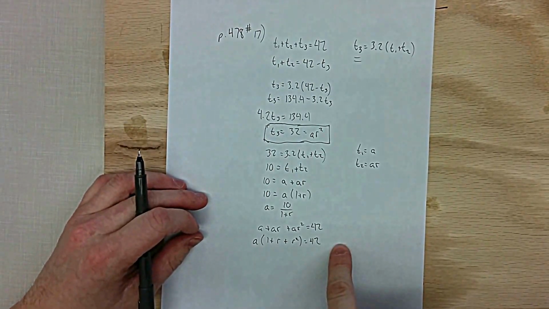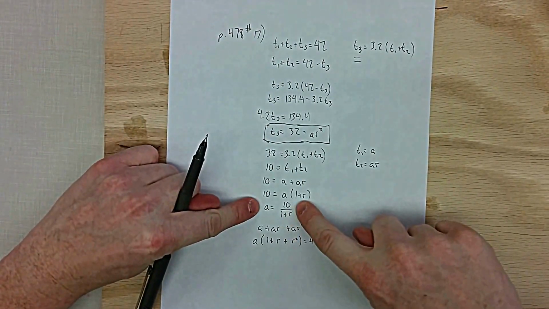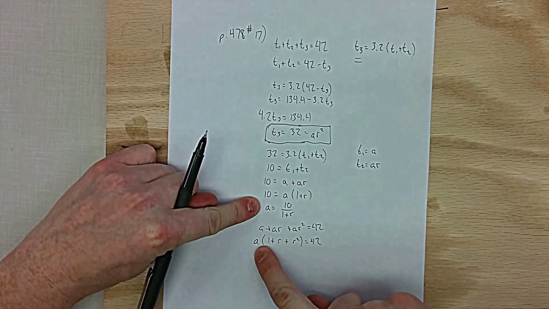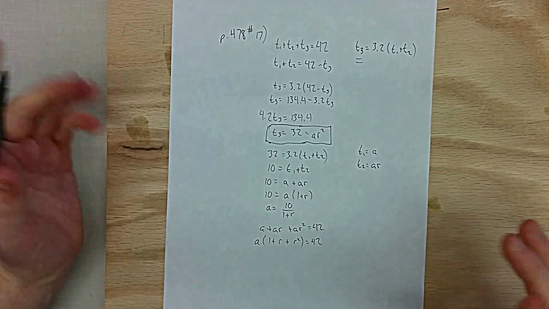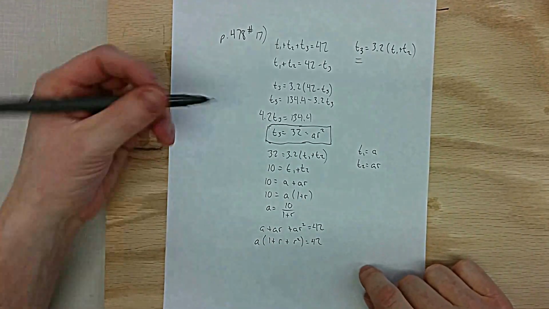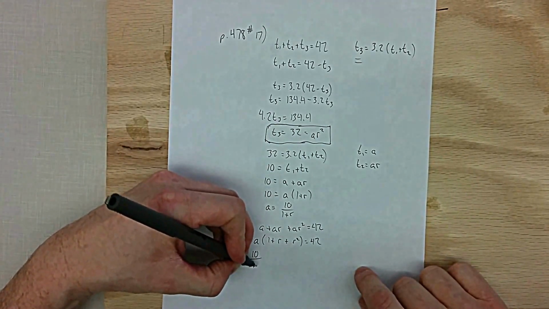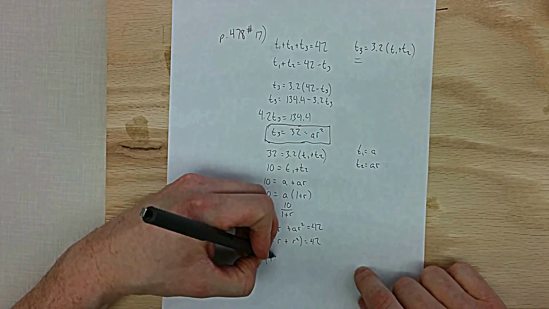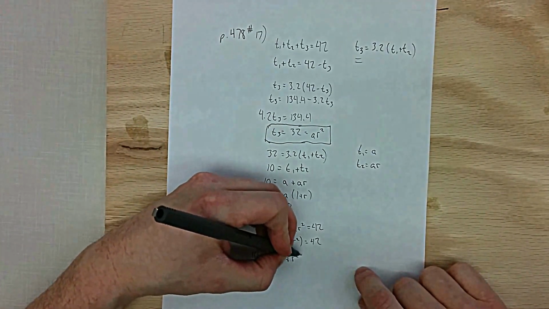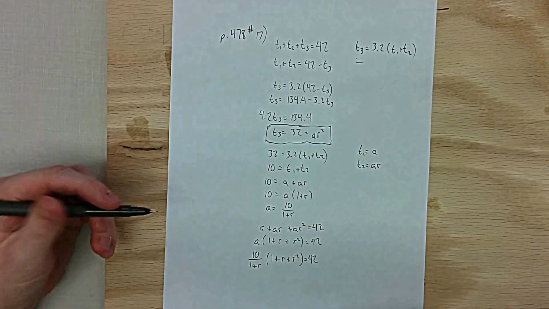So now I'm going to make use of this formula right here. I'm going to sub that in for that a. That means I'll have an equation with only r's in it. So I'm going to have 10 over 1 plus r times 1 plus r plus r squared equals 42.